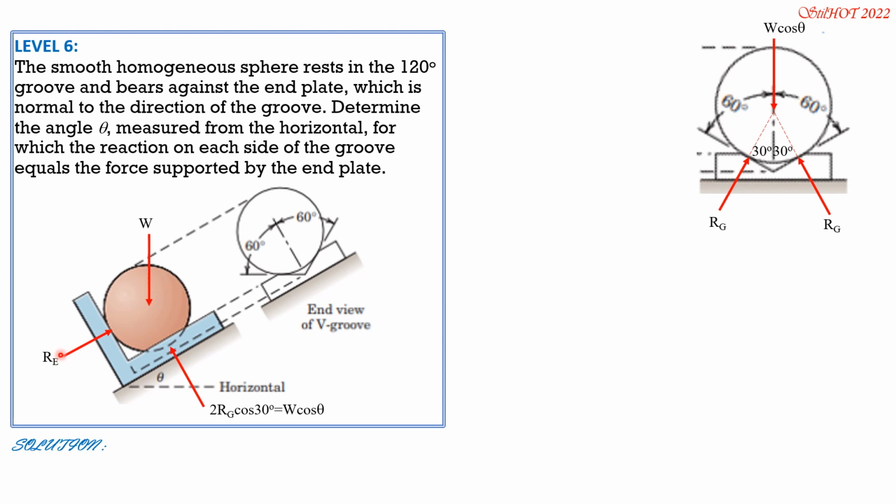And this is the end reaction, and that is theta. That is why if you set R normal equals 0, then the normal component of W is W cosine theta, which is this. So that's why this is 2RG cosine 30 from this view here equals W cosine theta.